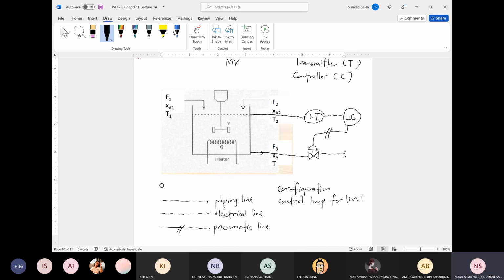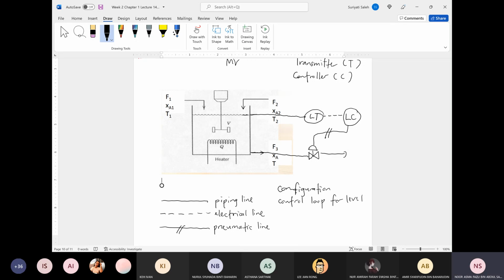Normally the level transmitter is an electrical device, and the controller is also an electrical device. That's why you have this dash line between LT and LC, transmitter and controller, because it involves electrical devices. And then for the LC to the valve, it becomes a pneumatic line.